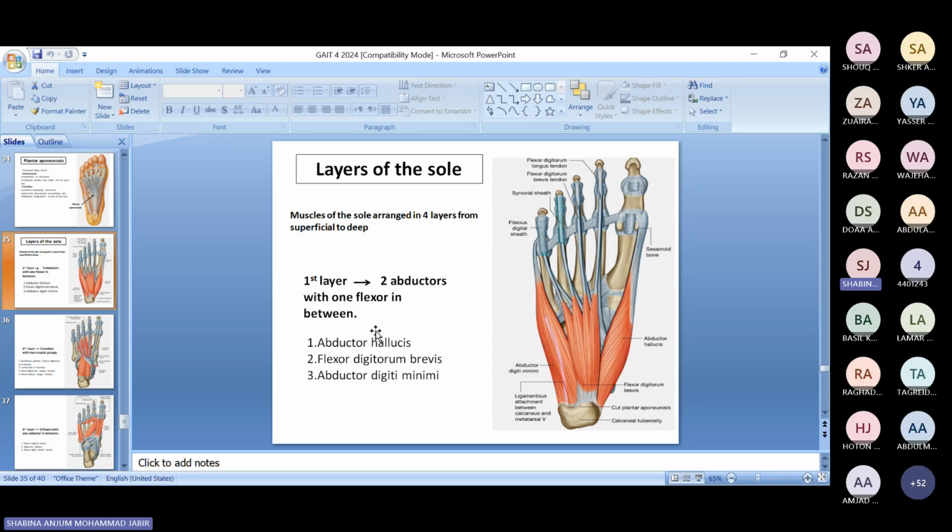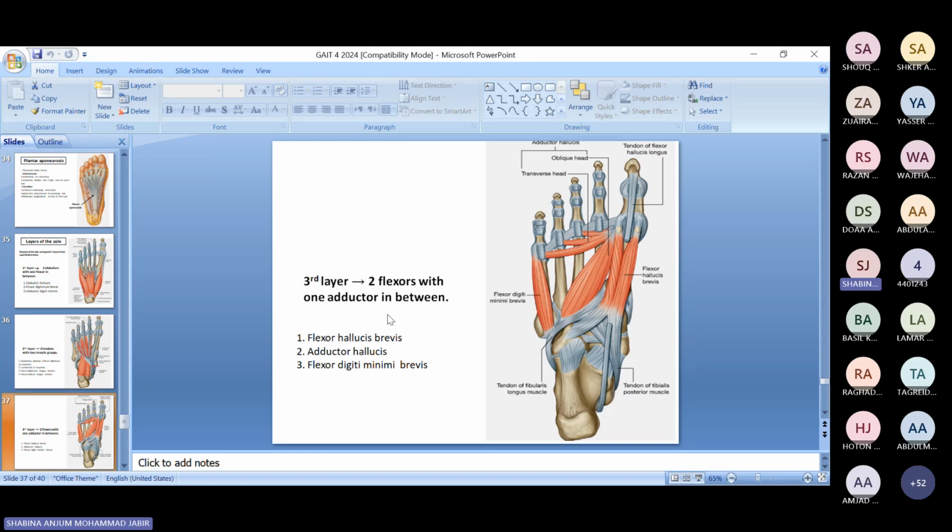This is the first layer. Here you have two abductors with one flexor in between: abductor hallucis, abductor digiti minimi, and in between you have the flexor digitorum brevis.